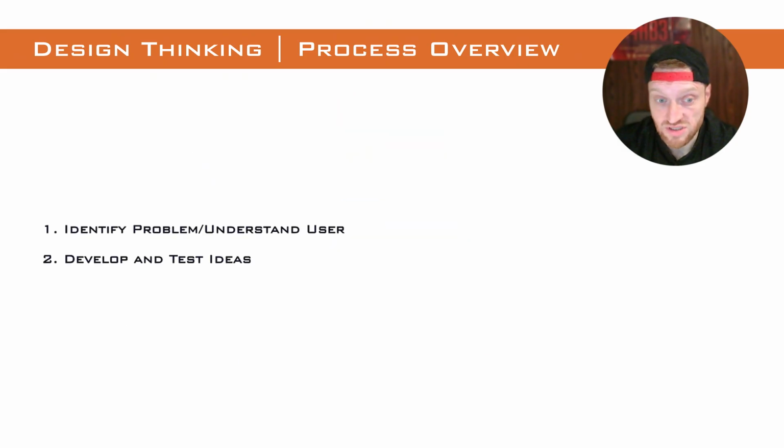The first and most important things we have to do when we want to use design thinking is to identify a problem and to understand our user so we can actually come up with valuable solutions. And secondly, we will develop ideas and we have to test them to make sure that they actually do what we want them to do and that they provide the solution in the way that we expect it to happen.